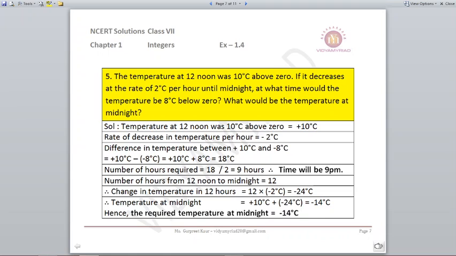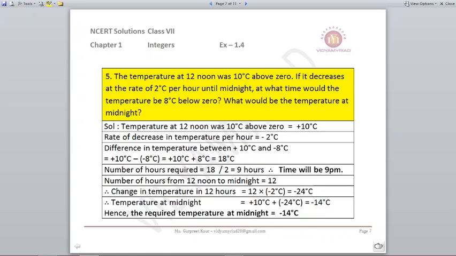At 12 noon, that means afternoon time, the temperature is 10 degrees above 0. So I will write it as plus 10. And it is saying that every hour it is decreasing by 2 degrees Celsius. So it is decreasing, I will write it as minus 2. What is the difference in the temperature between 10 and minus 8? We want it to reach minus 8.